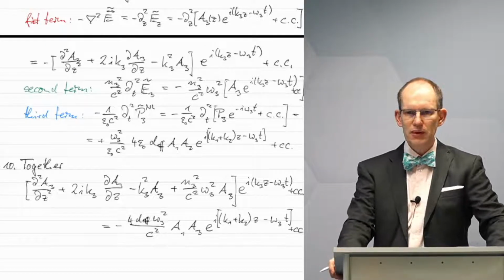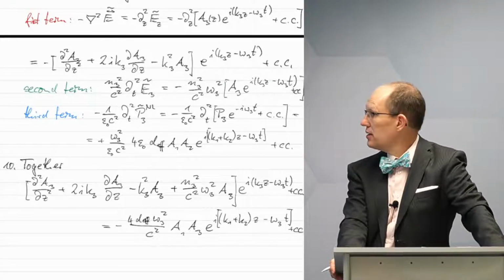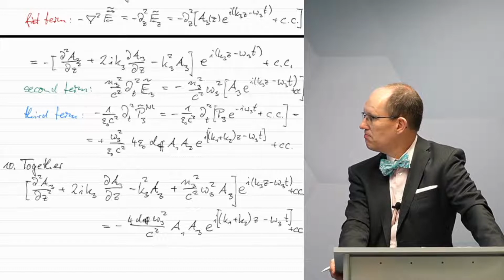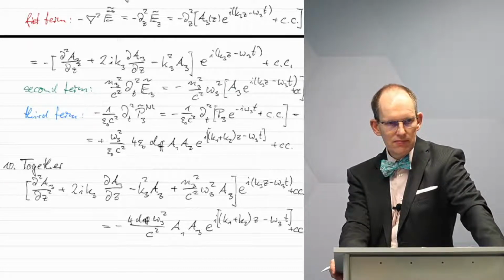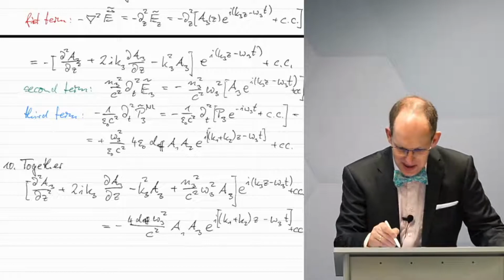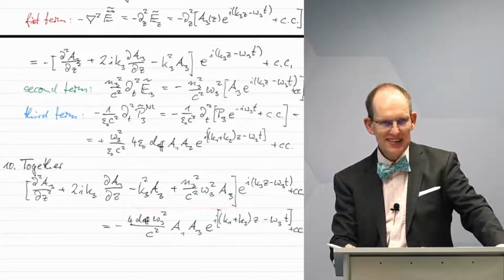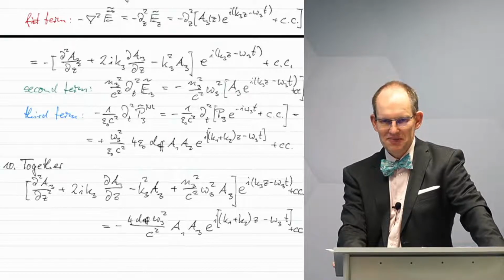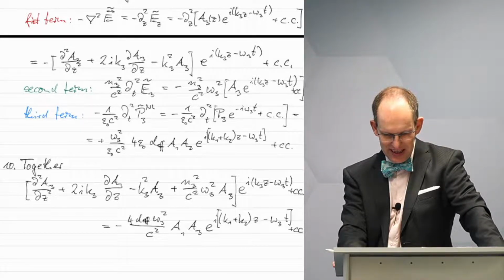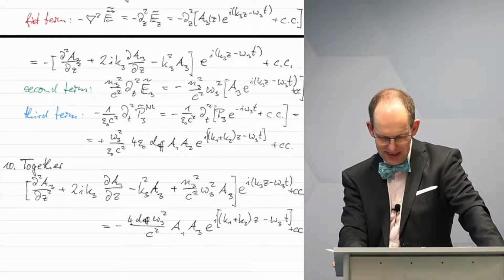So, what can we do now? What would you do next? So if you look at this here, no idea? Well, look at these two terms here. K3 or k is omega divided by c, right?